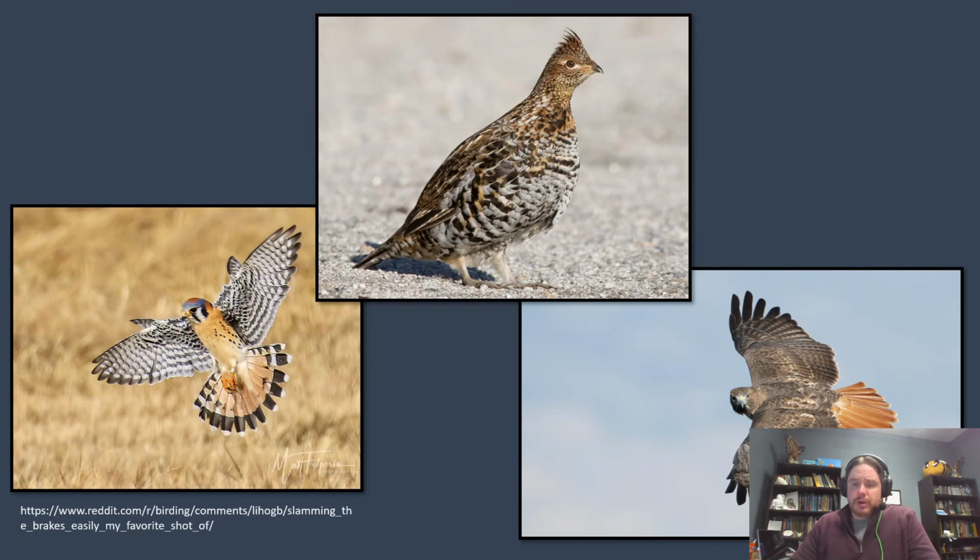There's a reason that birds like grouse have very exaggerated cambers. And that is because they are ground nesting birds. So think about what that means to the grouse. If you're a ground nesting bird, you are more prone to predators, right?